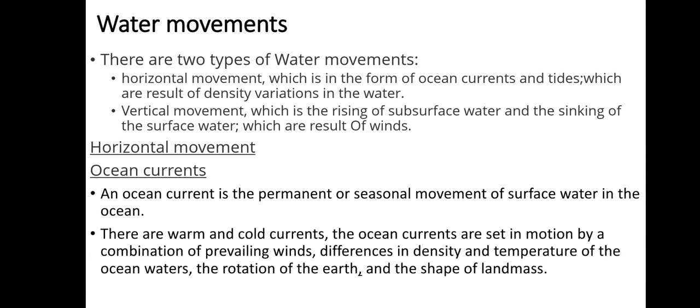The ocean currents are set in motion by a combination of prevailing winds, differences in density and the temperature of the ocean waters, rotation of the earth, and the shape of land mass. So these are what cause the ocean currents.